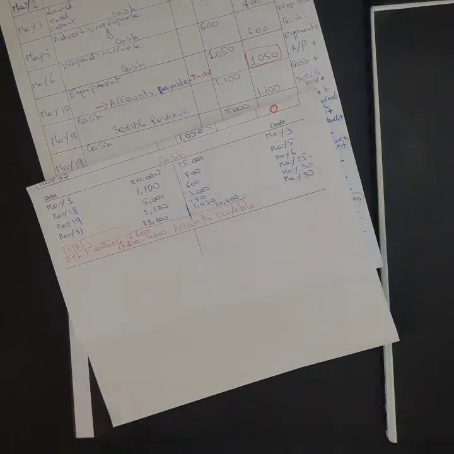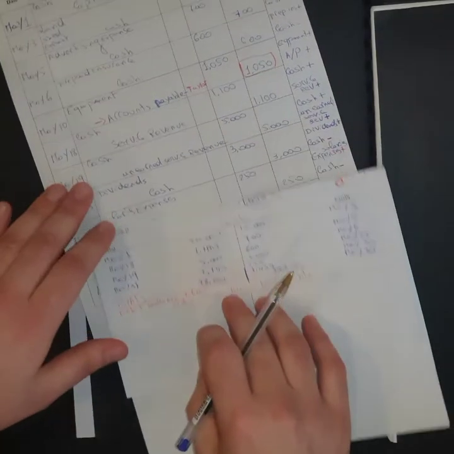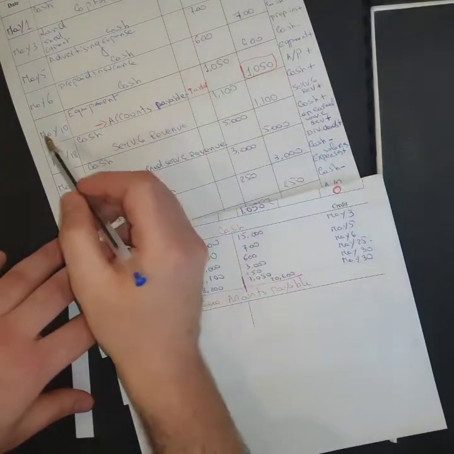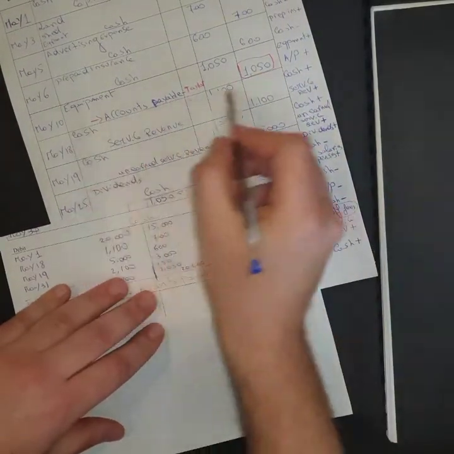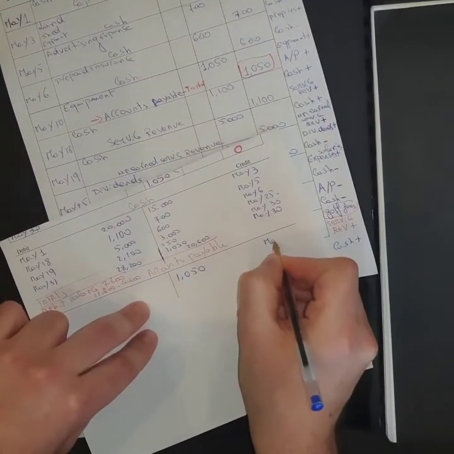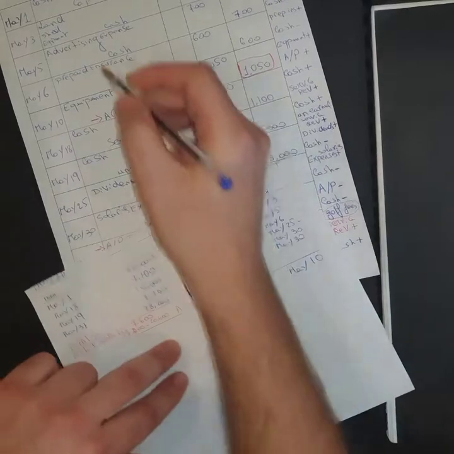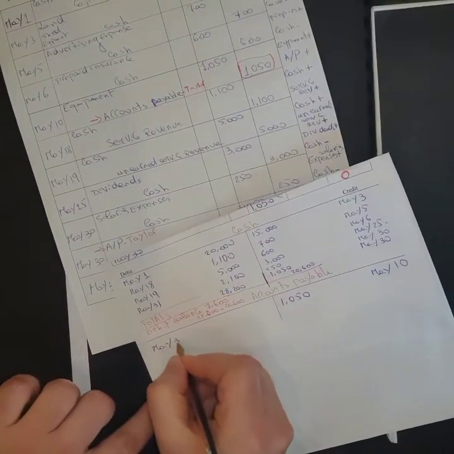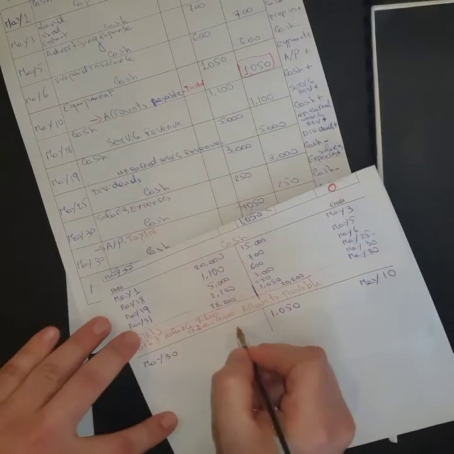For accounts payable, we use the general journal. The first time accounts payable appeared was on May 10, in credit for 1,050, and the second time was on May 30, debit for 1,050.